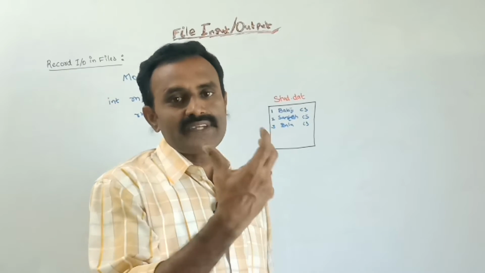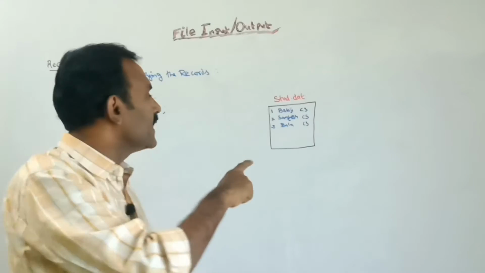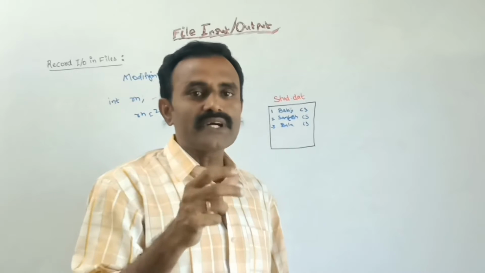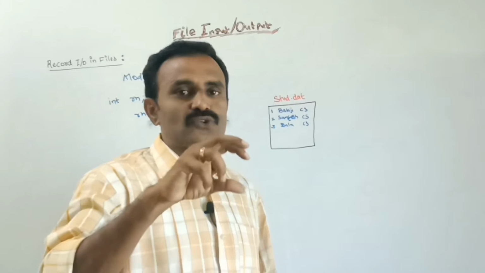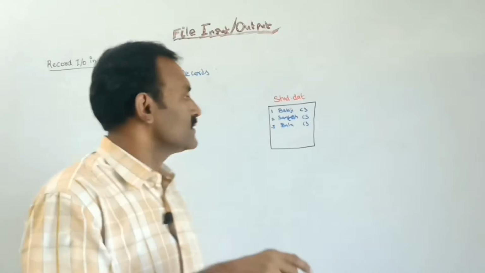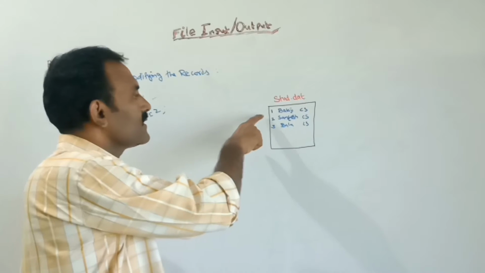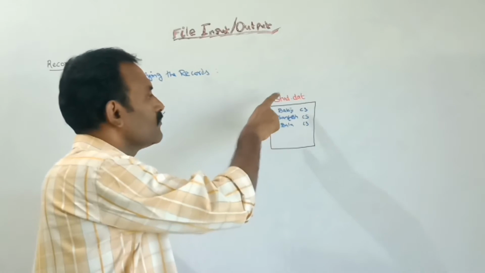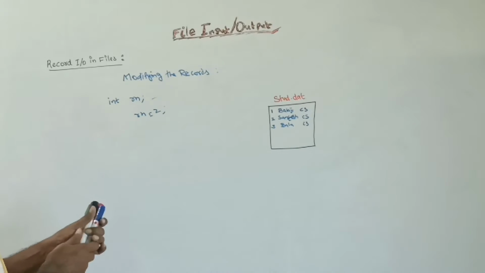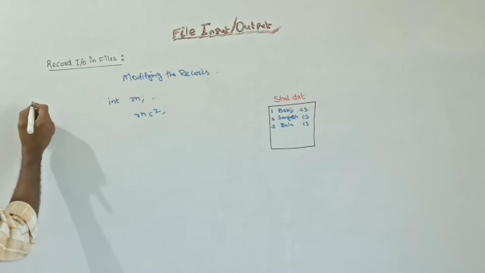As it is a record, we can use a structure variable, so that the different kinds of structure members, that is different kinds of data, can be stored. By help of that structure variable I can read the roll number, name and department. So for getting the record and for modifying the record also, I need one structure variable.